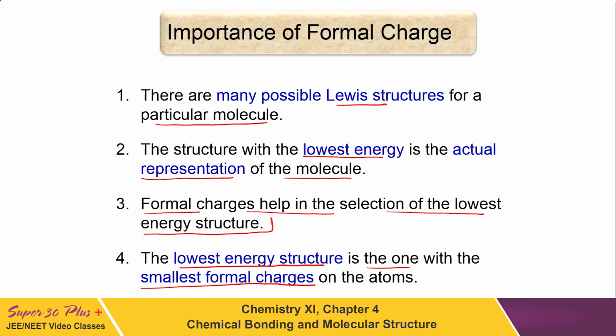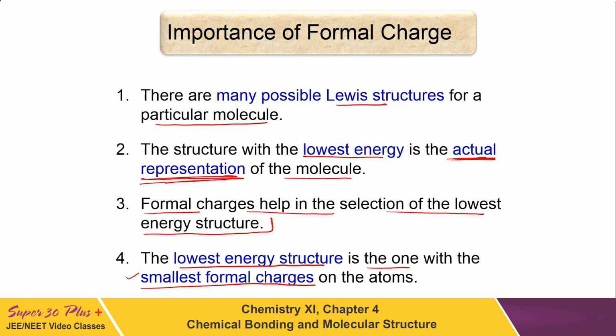So the structure for which formal charge is lowest, the minimum formal charge, the smallest value of formal charge. If the value of formal charge is smallest, then energy will be lowest. And if energy is lowest, stability is maximum, and that would be the actual representation of the molecule.